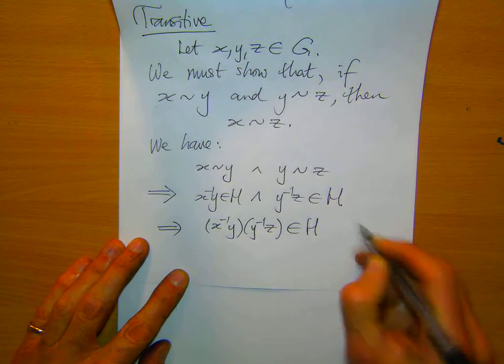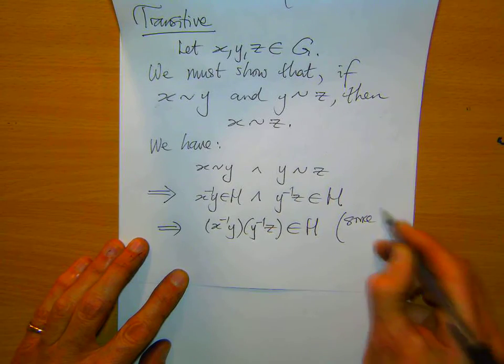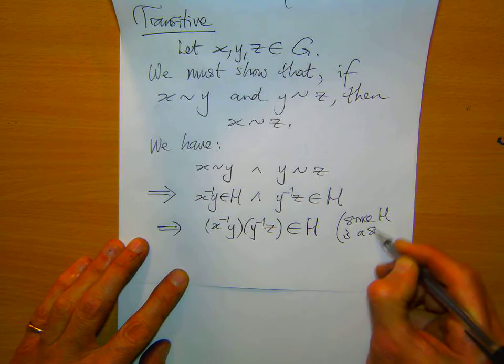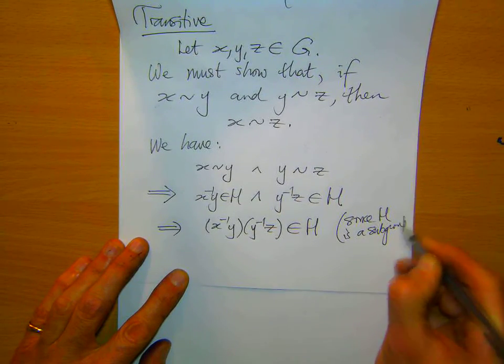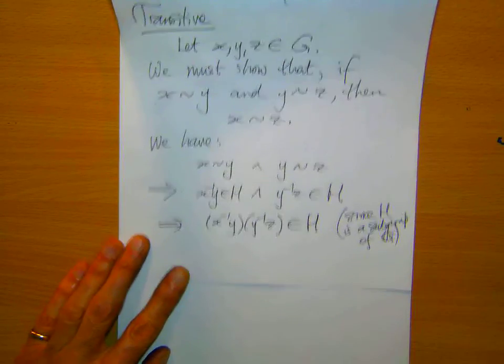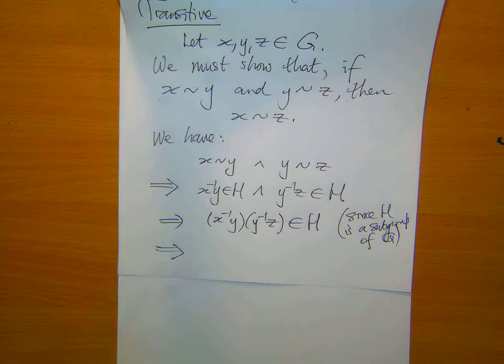So again, we've used the fact that H is a subgroup. If you've got two elements of H and you multiply them together, you will stay in H because H is closed under the binary operation. So I've multiplied this element by this element and I stay in H. Is that okay? So now I've used all three properties of H being a subgroup, which is quite comforting.